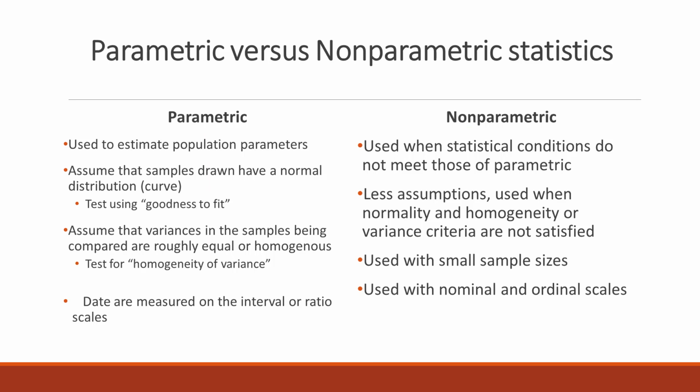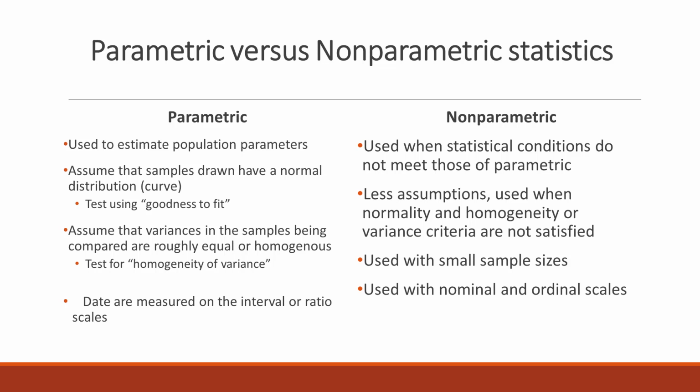This slide is important for determining what type of statistics to use for an analysis. In addition to determining the type of data, researchers must also determine if parametric or non-parametric statistics should be used. With parametric statistics, there are several assumptions that need to be satisfied. The first is that samples are randomly drawn from parent populations with normal distributions.